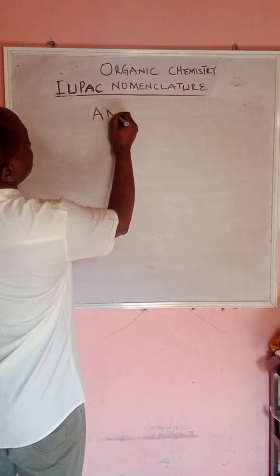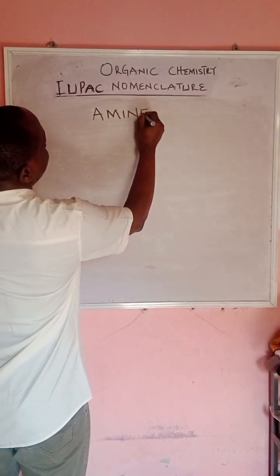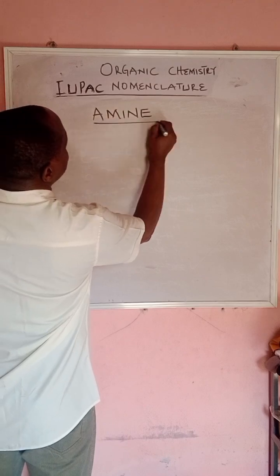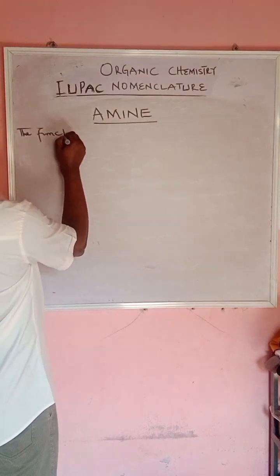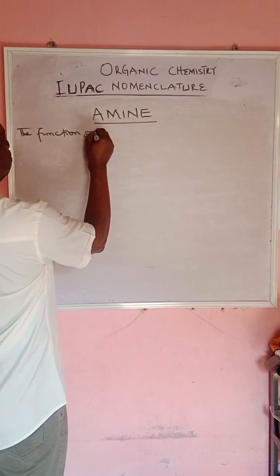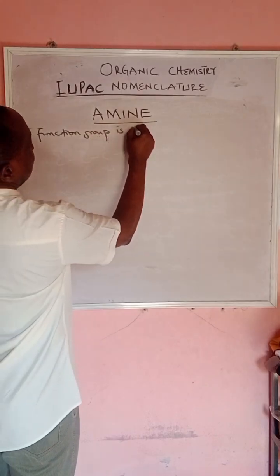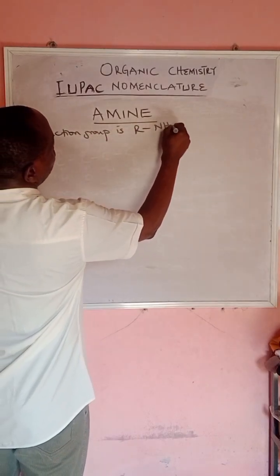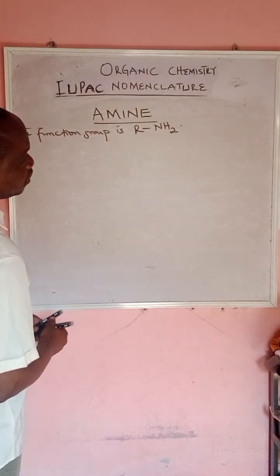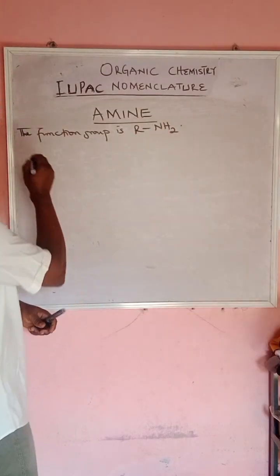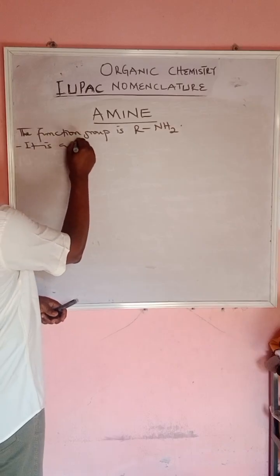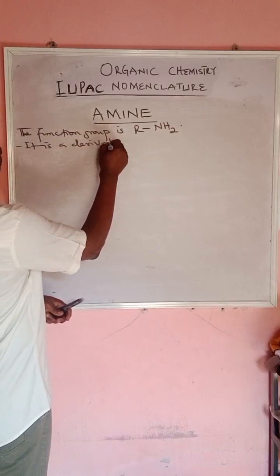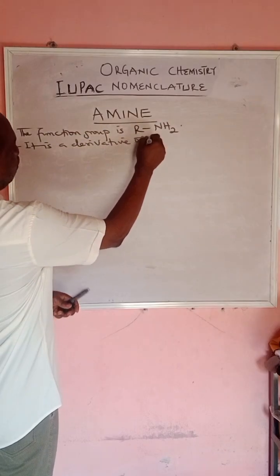Amine group. The functional group, let me remind you, is RNH2, where R is equal to alkyl group. And take note, it is a derivative of ammonia.